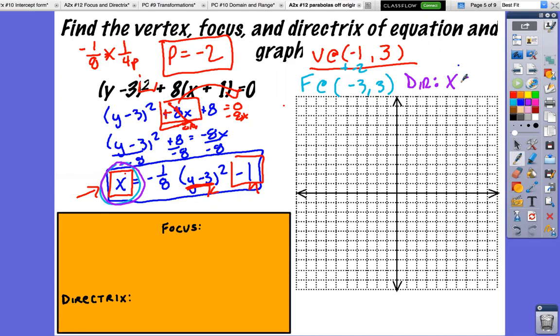It's x equals, and wait a minute, if p is -2, now I need to subtract -2 from the x coordinate. So when you minus -2, you really add 2, so my directrix is x equals 1. Any questions?